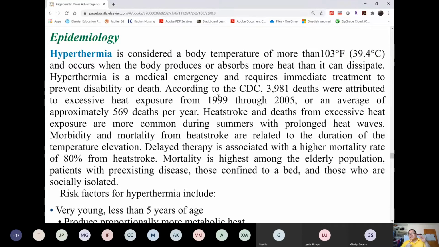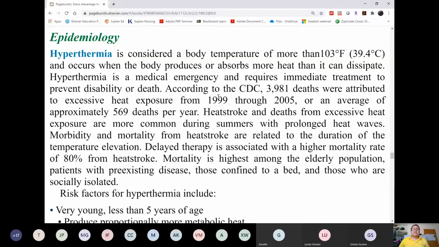Not until you hit 102, or whatever that new set point is. Does that make sense? That's why when you're septic, the patient's temperature goes higher and higher, because the set point is no longer the normal set point. It is now higher, so it's harder for us to drop the temperature.